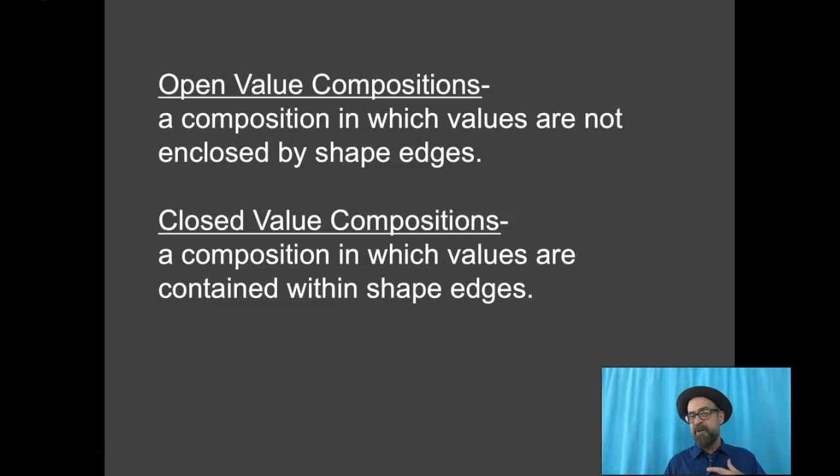And then a closed value composition is one that focuses more on clearly defined shapes that house each one of those values more clearly with more focus. And if you recall, I mentioned painters like to use the lost edge and the found edge to define objects or to obscure them or make them a little softer, or some combination of the two. It's not always one or the other.